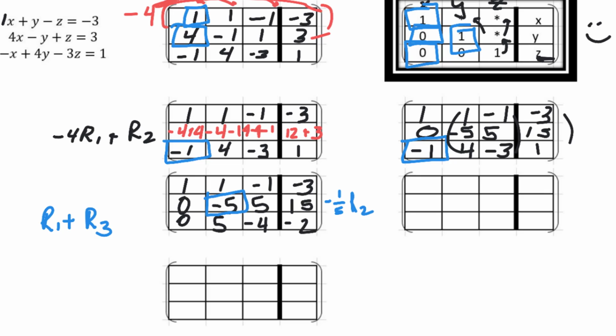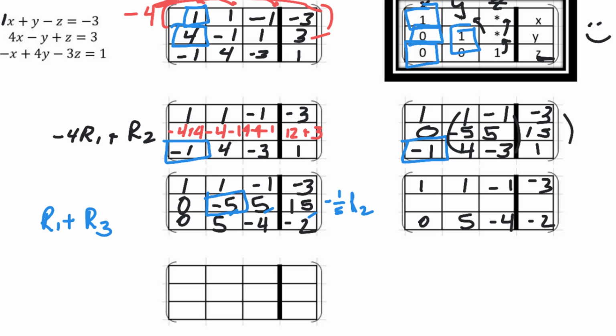All right, so notice the inverse of negative 5 would be negative 1 over 5. So technically what you're doing, you're dividing each one of these values by negative 5. All right, didn't change row 1. Didn't change row 3. And now I'm going to divide every term in row 2 by negative 5.